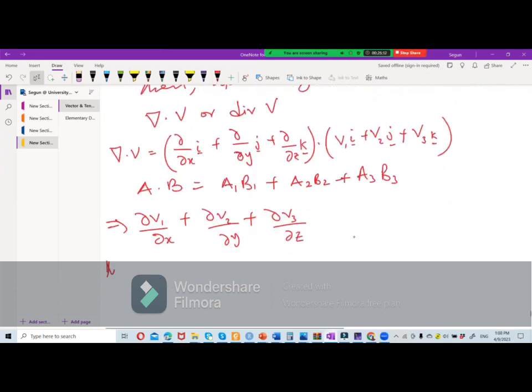Note that V dot del is not equal to del dot V. Please take note of that.